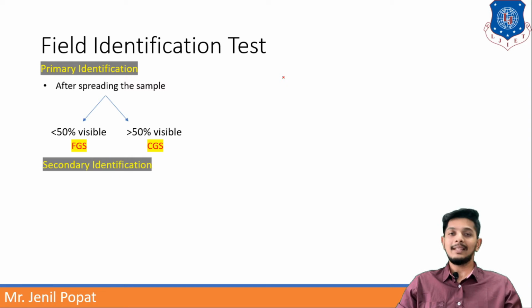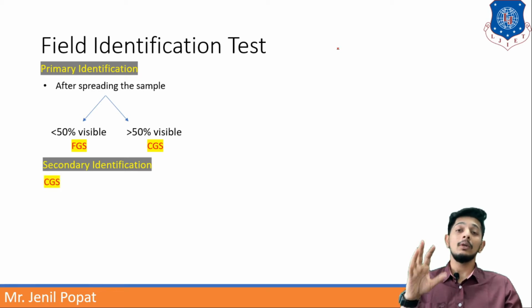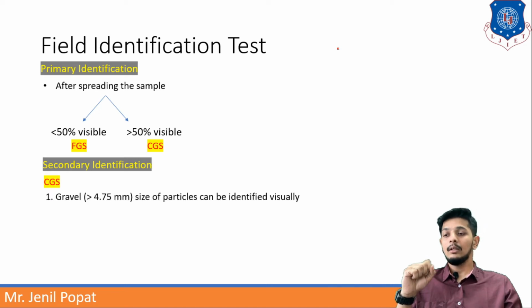After that, secondary identification starts. This was primary identification. Primarily, you have to know whether it is a CGS or an FGS. After that, you will do secondary identification. For secondary identification, if it is CGS, coarse grained soil, then you are going to do this process. First, you have to identify it.